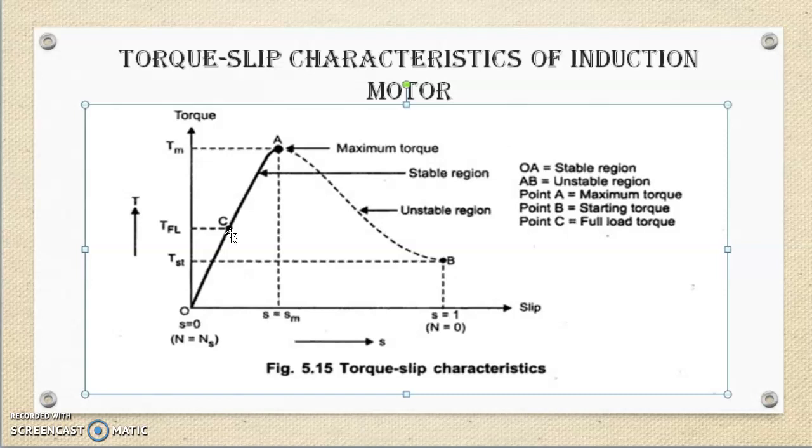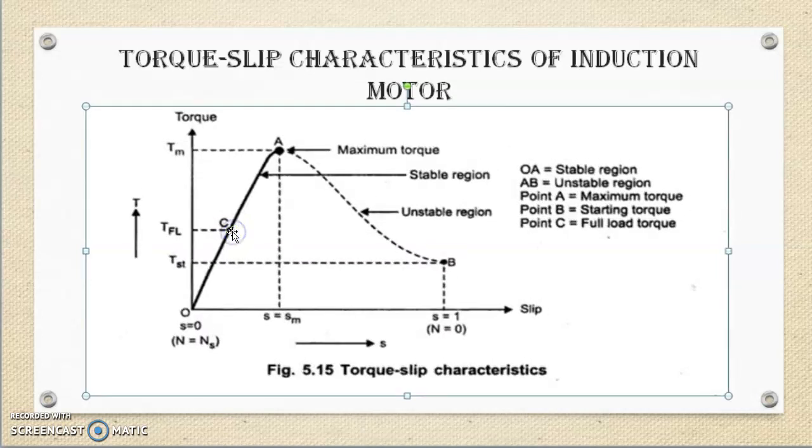But if load further increases beyond this point, your torque can reach up to the maximum value Tm. But you cannot drive your motor in a safe manner in this region.